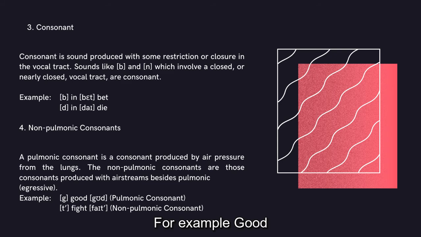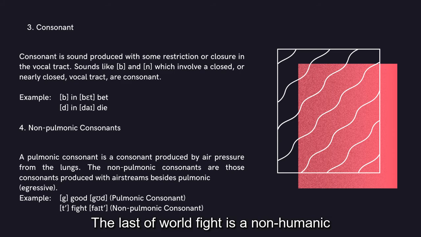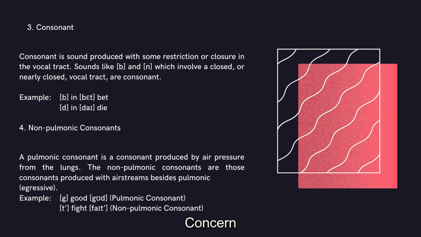For example, T in the word could is a pulmonic consonant, while in fight, T in the last of the word fight is a non-pulmonic consonant.